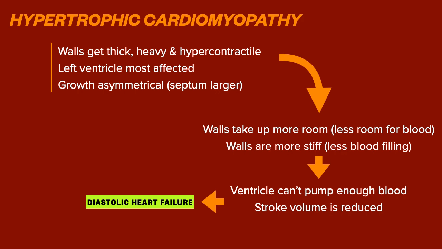When the ventricles don't fill as much, they don't pop out as much blood, so stroke volume goes down. Thus, the heart can fail to pump enough blood to the body, and this is called heart failure. Because this is due to a dysfunction in filling, which happens during diastole, this is a type of diastolic heart failure.